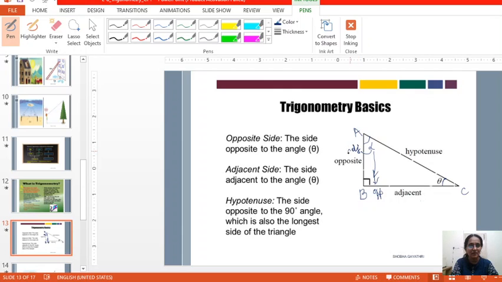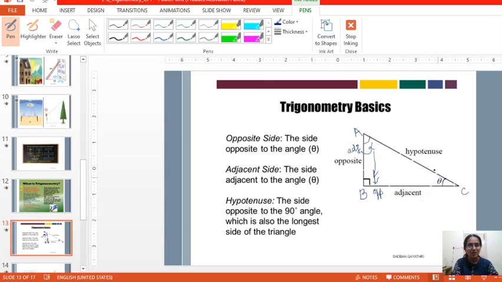So you should be a little bit more careful while recognizing the opposite and adjacent side. You know the meaning of opposite and adjacent. Whichever angle we are considering, the opposite side is the side opposite to that angle.